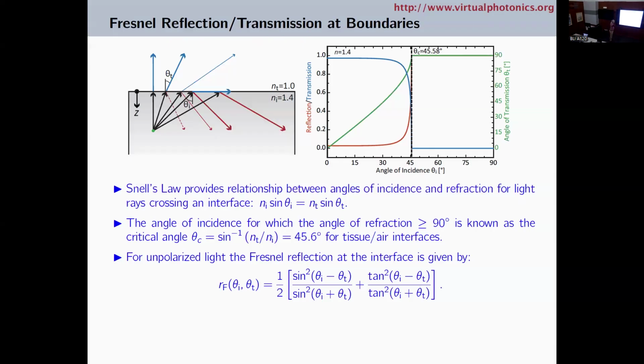So in reality, most of the light for a 1.4 refractive index mismatch gets transmitted at the boundary. When you get very close to this critical angle, it goes very rapidly to 0. But it means that you have to be within that critical angle, which is about 45 degrees, for the light to escape. If it's beyond 45 degrees, it's going to get totally internally reflected.